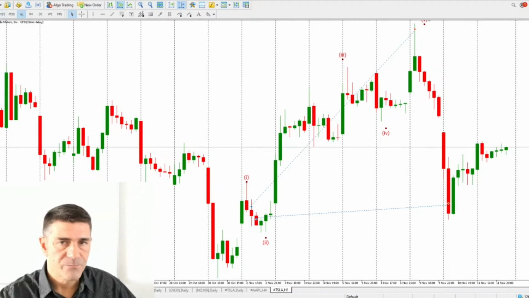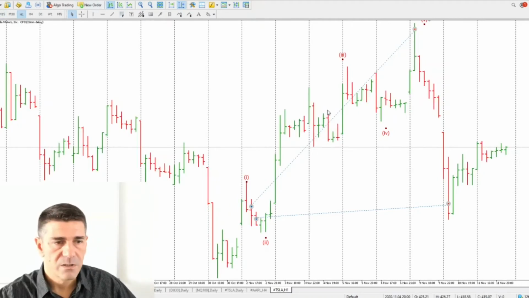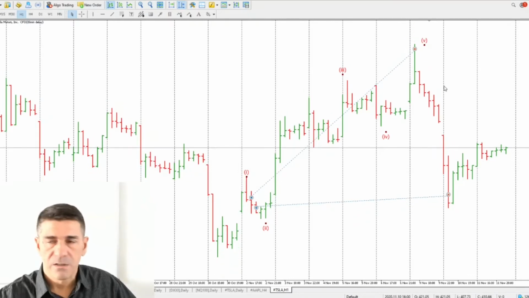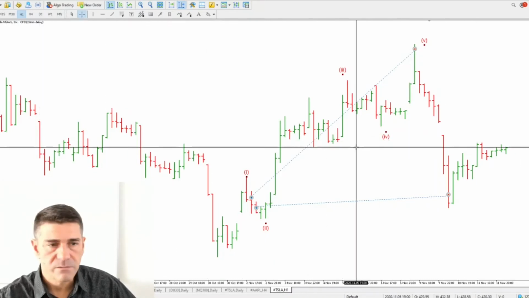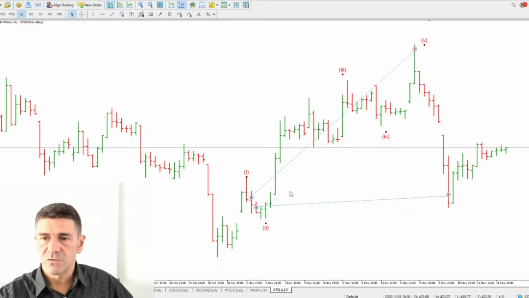You see? Let me, in this way, I think it's a little bit better. Okay, let me remove these period separators. Yeah, in this way it is more visible.